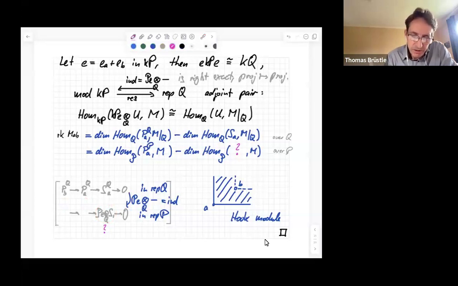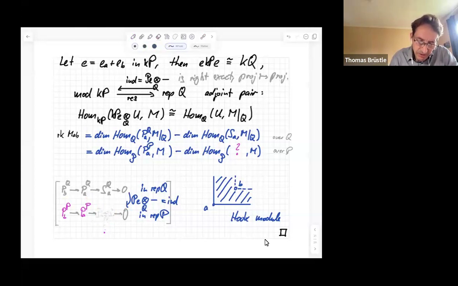So the projective here goes to the projective. This is the projective in P. That's the projective in P. And I can compute the value of the induction functor here, since I have a right exact functor, as the cokernel of this map.